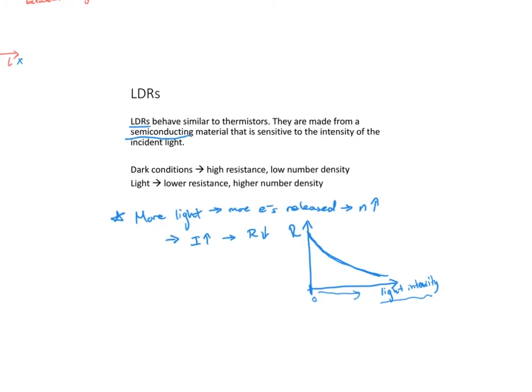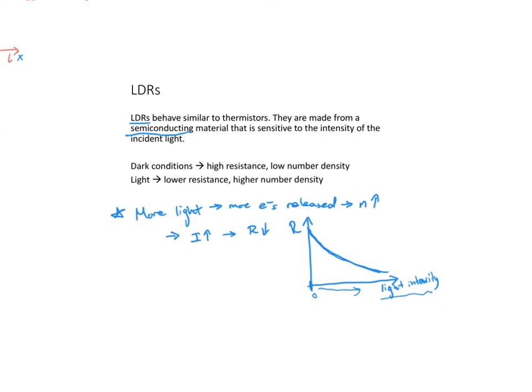You should also be able to describe a simple experiment to get the resistance in terms of light intensity, which is quite similar to the thermistor one, but instead of using water to heat it up, you will use a light bulb. So if this is my light bulb, and that's my LDR, then I will have to move the LDR closer at a specific distance to change the light intensity.